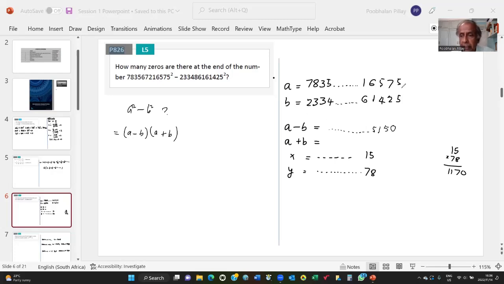And A plus B, you add these numbers. 5 plus 5 is 10. 1 plus 7, 8 plus 1 plus 7 is 8. 8 plus 2 is 10. 1 and 5, 6 and 4, 10 again. 1 and 6 is 7, and 1 is 8. Right? And then there are lots of other things here.